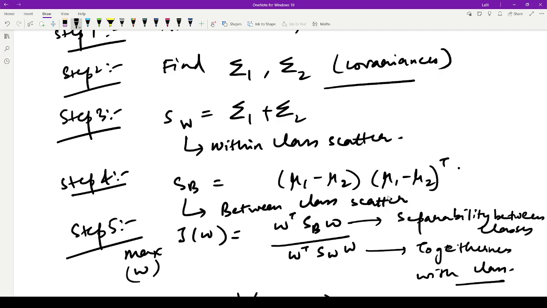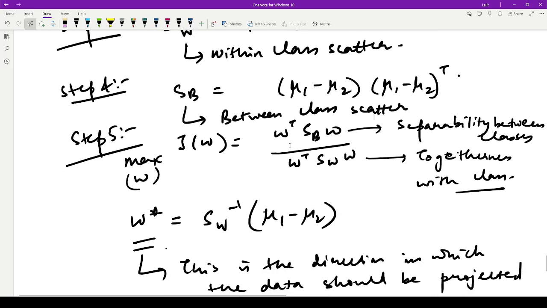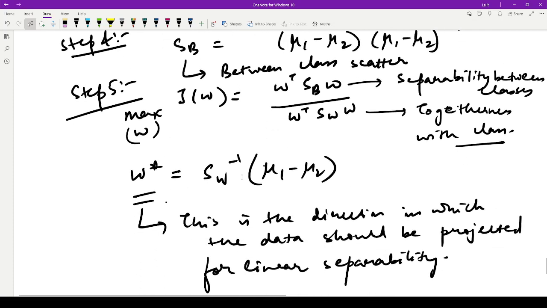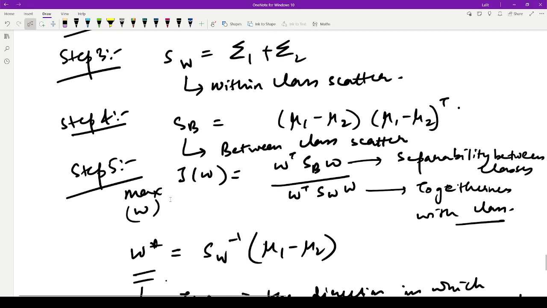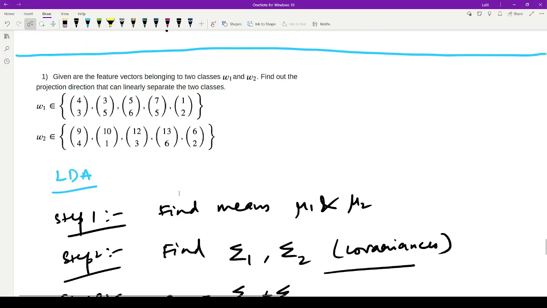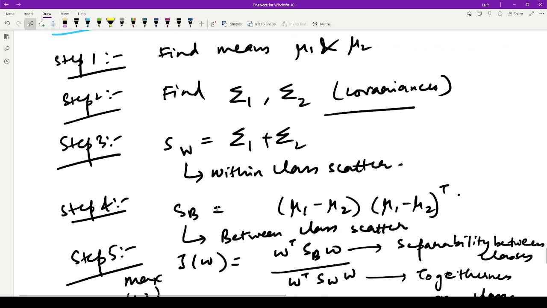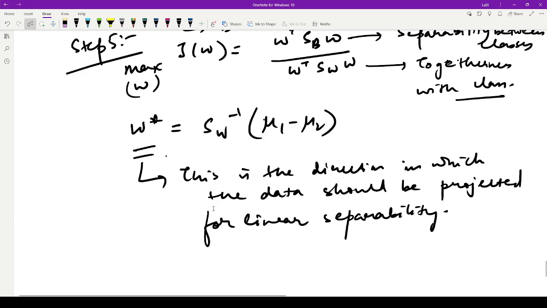What we have to use is to maximize this quantity which is solved and given to us. So we just take the inverse of the within class scatter and multiply by the difference of the means. And what we have is this specific direction over which you can project. I am not explicitly solving for these values, but this is the procedure. I hope the procedure is clear.